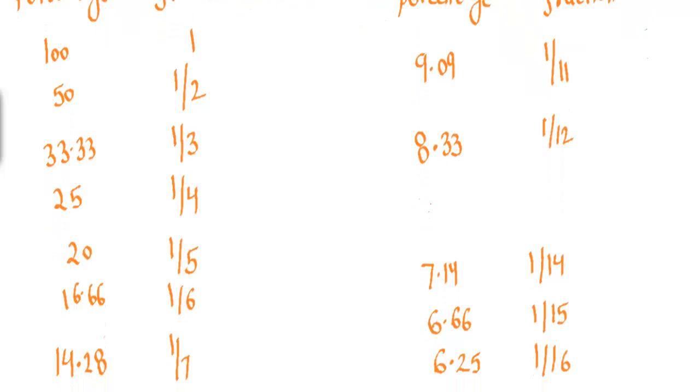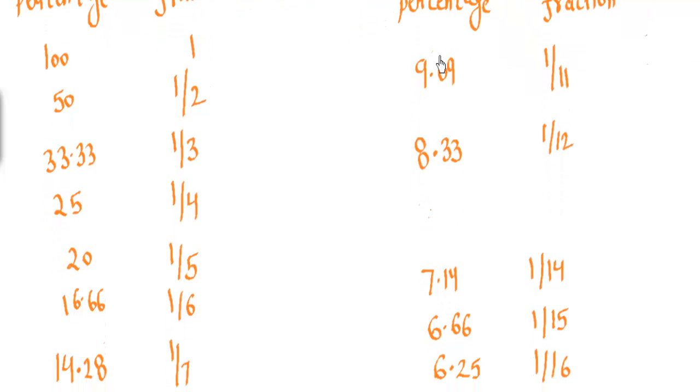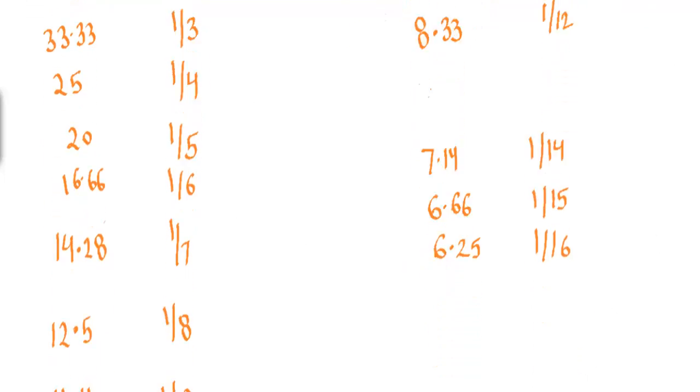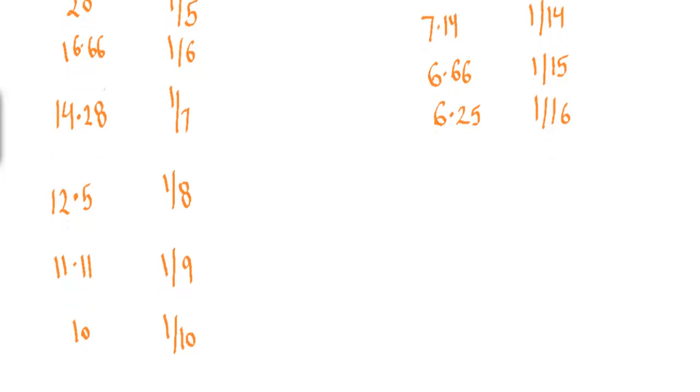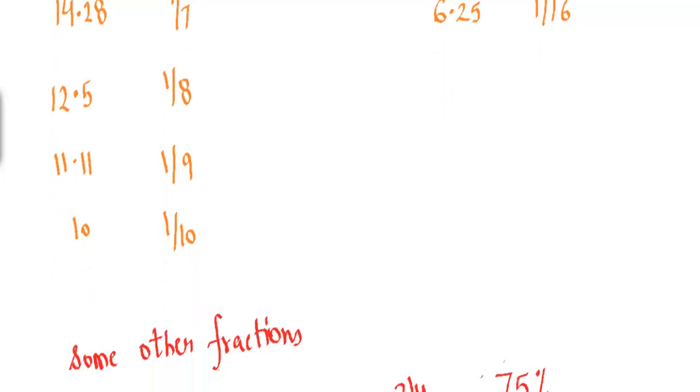So I have written down the fractions from 1 by 2, 1 by 3 up to 1 by 16. So you have to remember these fractions. In the next video I will tell you how to remember or memorize these fractions really very quickly.